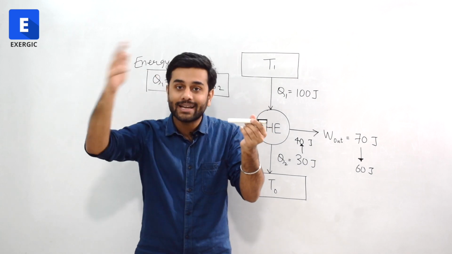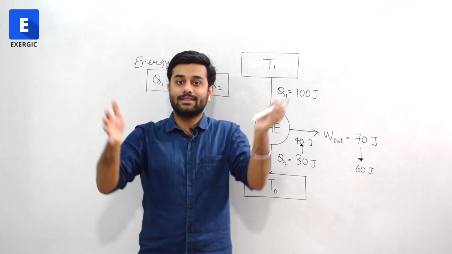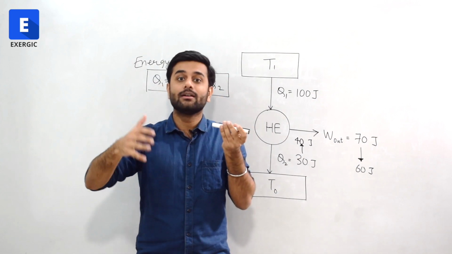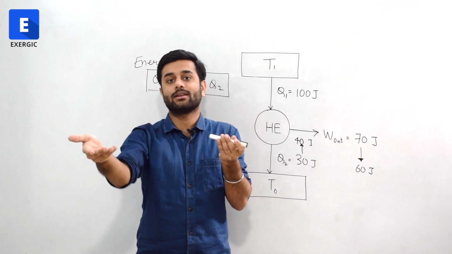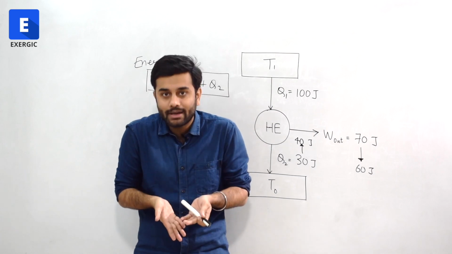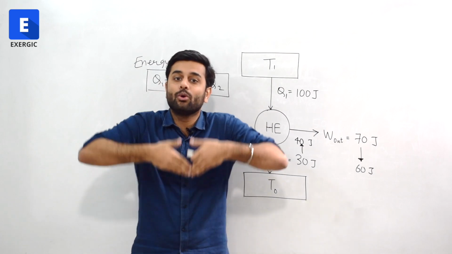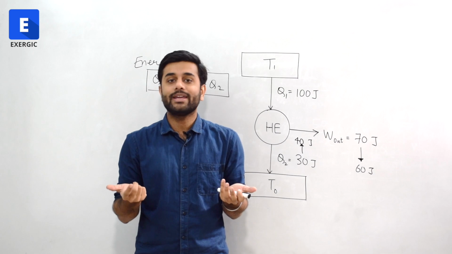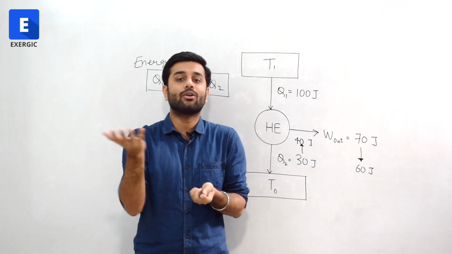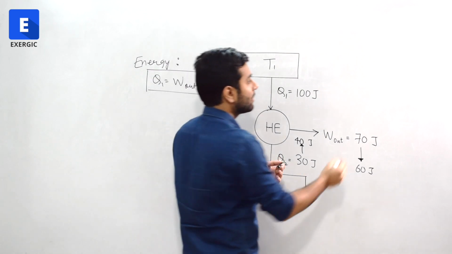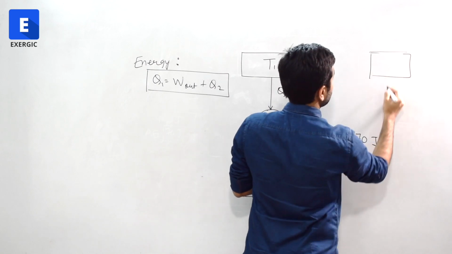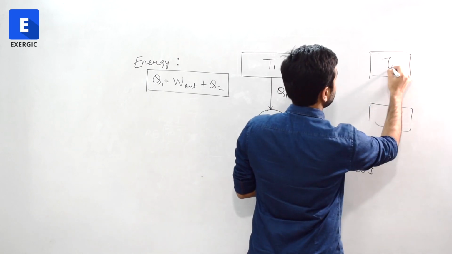By hypothetically connecting this reservoir, this ambient temperature, with the ambient temperature. Now it automatically is the ambient temperature. You don't have a lower temperature available with it. So even hypothetically you cannot have any heat interaction or work generation between T naught and T naught.